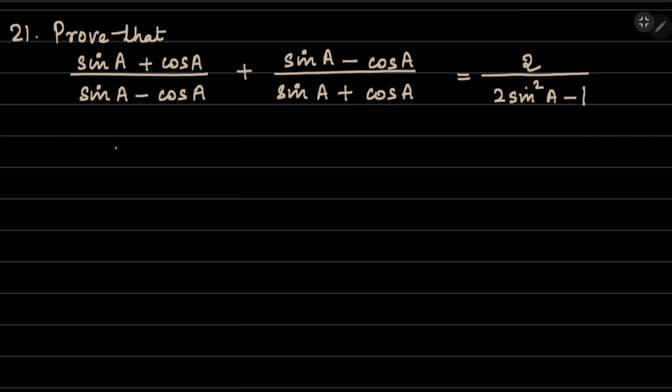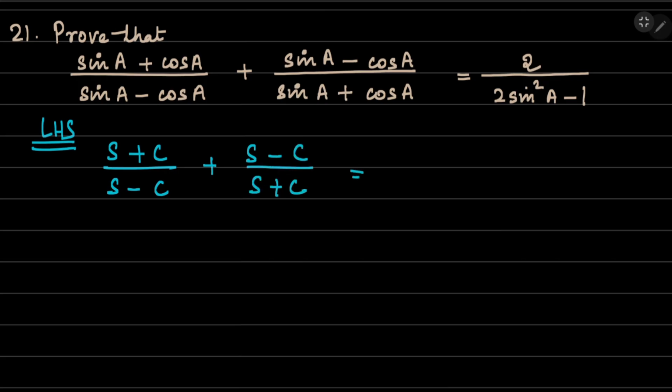Okay, so let me write what is given. Sine plus cos divided by sine minus cos plus sine minus cos divided by sine plus cos. When I take the LCM, denominator, it's just a product of the two. Sine minus cos and sine plus cos is the LCM.